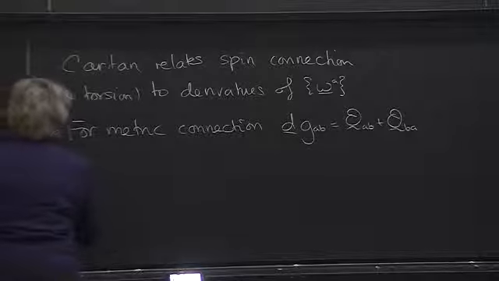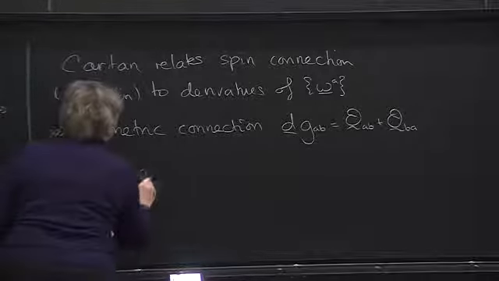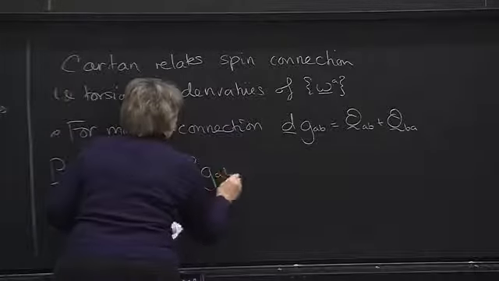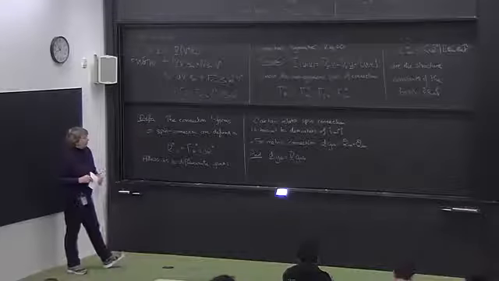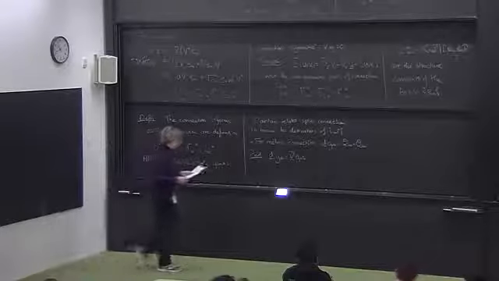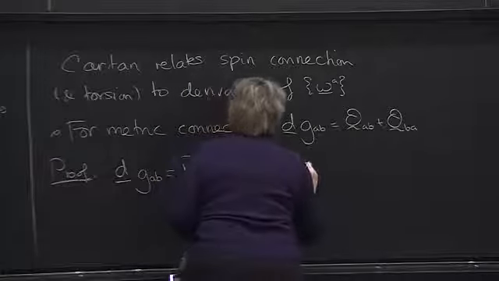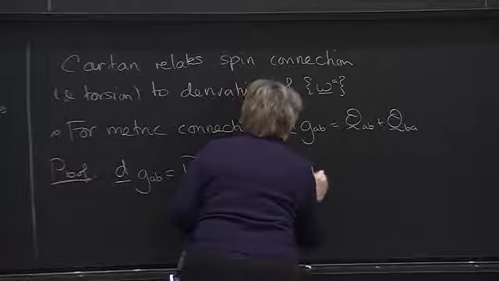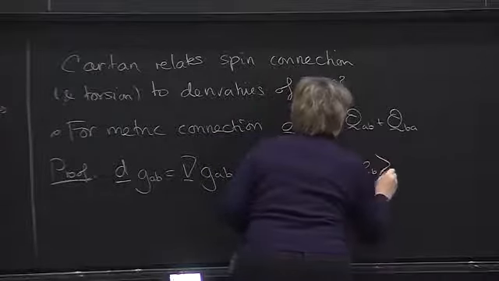To demonstrate this, d of g_AB is equal to grad of g_AB, because g_AB are just scalars. They're a set of scalars. So what does it mean?